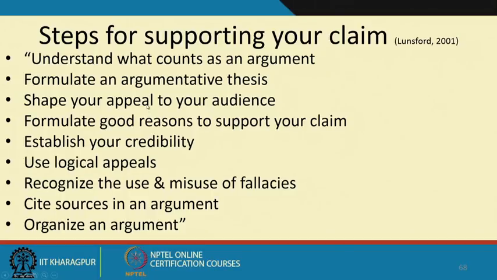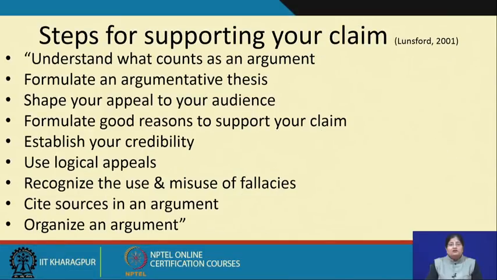Then you shape your appeal to the audience, and then you formulate good reasons to support your claim. You establish your credibility, you use logical appeals, you recognize the use and misuse of fallacies, and you cite sources in an argument, and then you organize the whole argument. So, let us see what each of these points are.